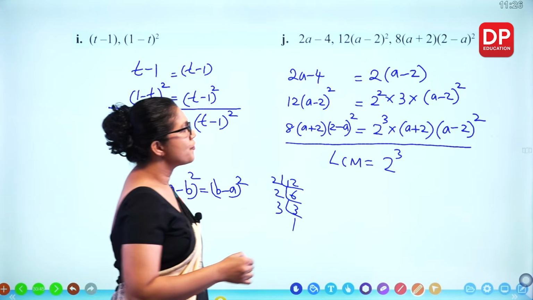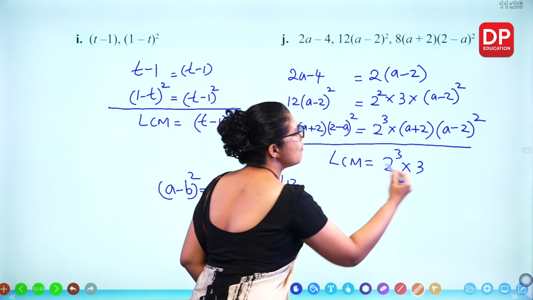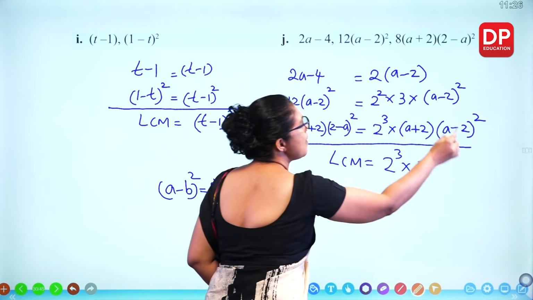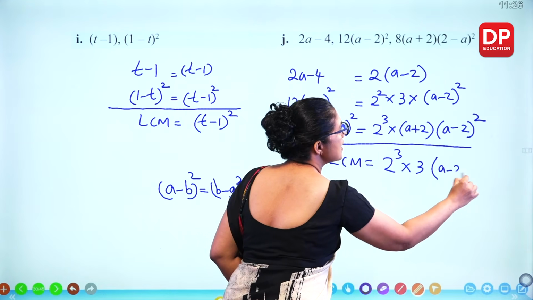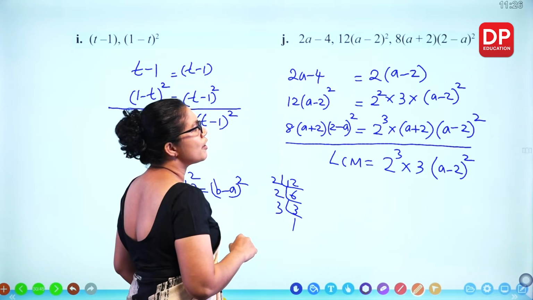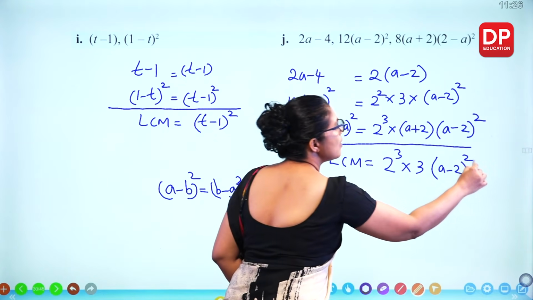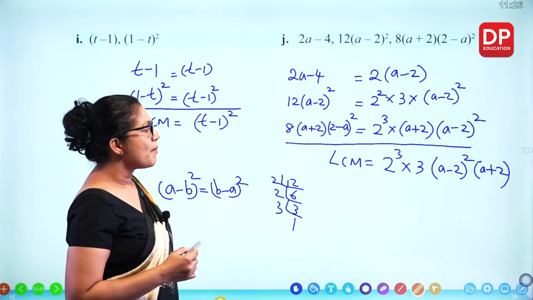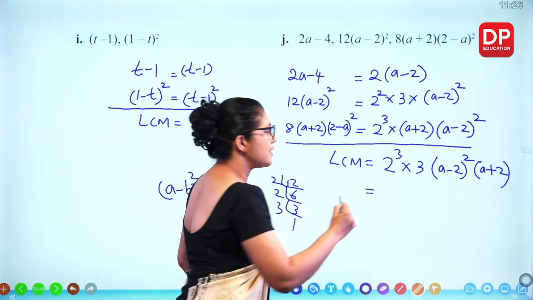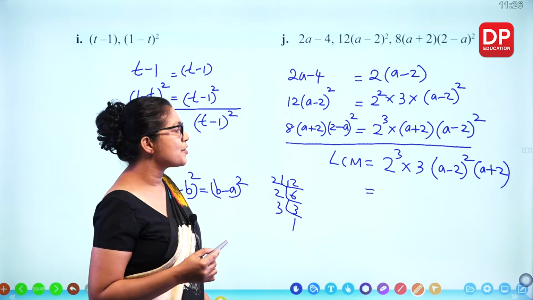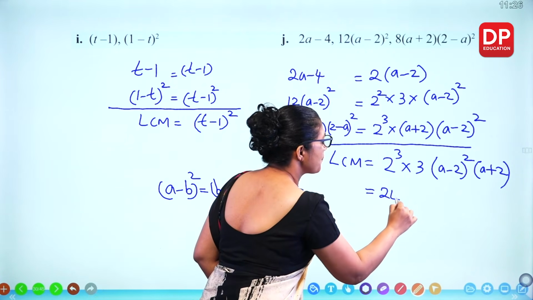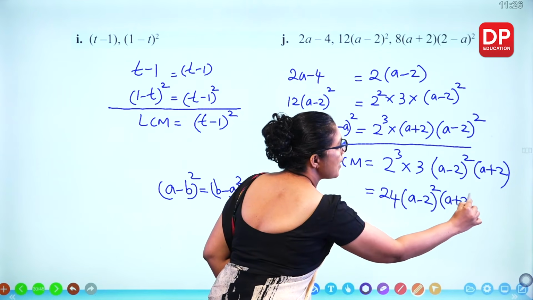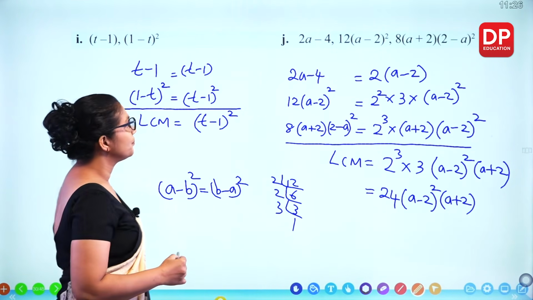What's the highest power of 3? You get ones. What about a minus 2? When you take a minus 2, the highest power is power 2. What about a plus 2? You get ones. So what's the least common multiple? 2 to the power 3 is 8. 8 times 3, 24. A minus 2 squared and a plus 2.